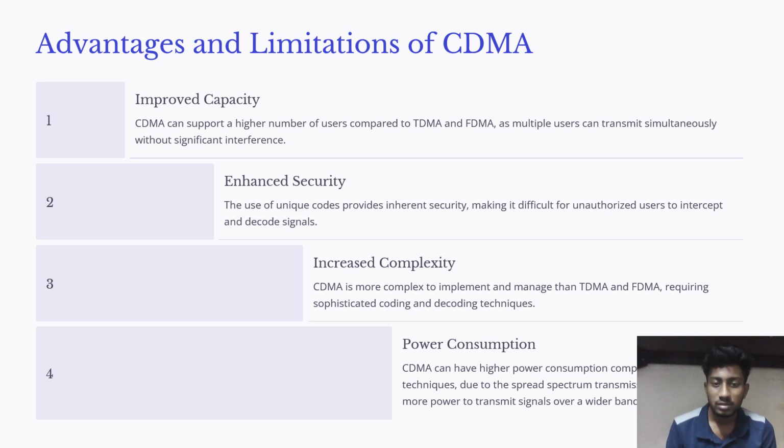Increased complexity: it is more complex to implement and manage than TDMA and FDMA, requiring sophisticated code and decode techniques. Power consumption: CDMA has higher power consumption compared to FDMA and TDMA techniques, due to spread spectrum transmission, which requires more power to transmit a signal over a wide bandwidth.